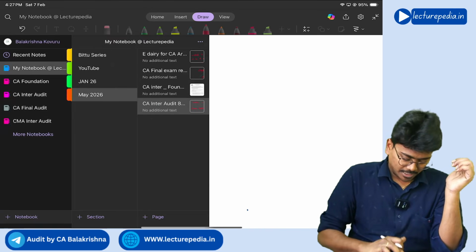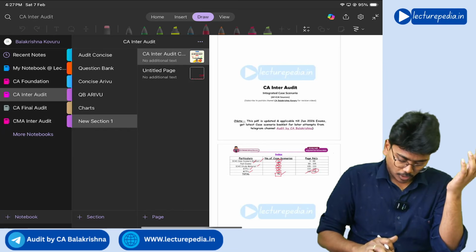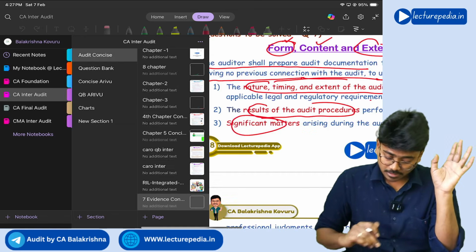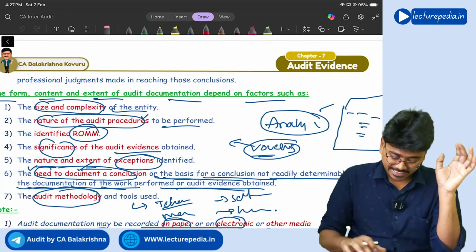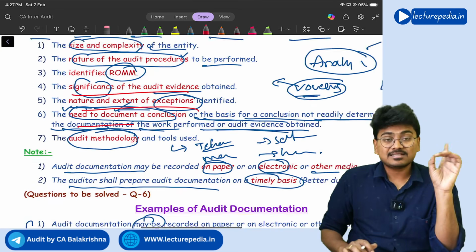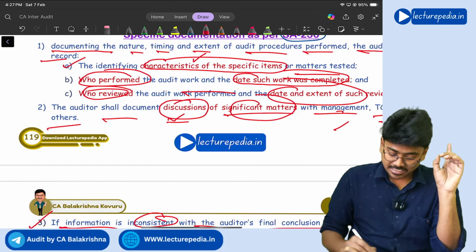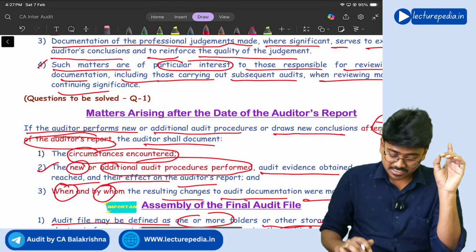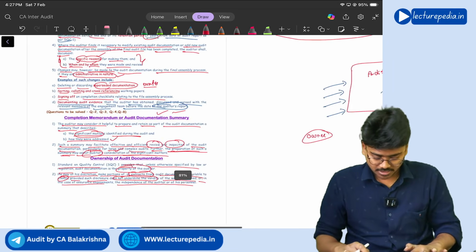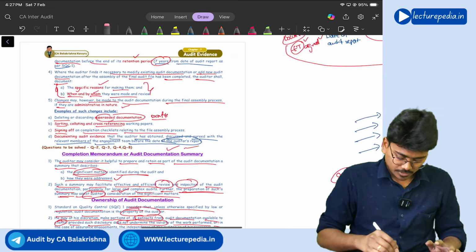If you take my book, my audit concise book, I have marked all the key terms in red color. So take such a book which has all the key terms marked in red color. I'll erase one particular paper and show you, because this is written.